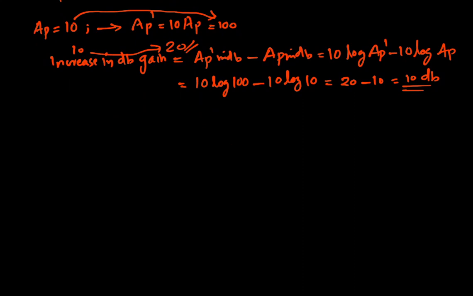that means consider a circuit with a voltage gain, let's say equal to 10, and the voltage gain has been increased to a new value AV prime, let's say 100, that is 10 times the initial voltage gain.